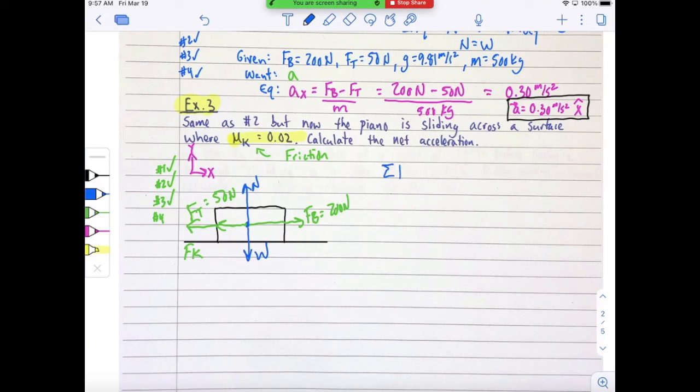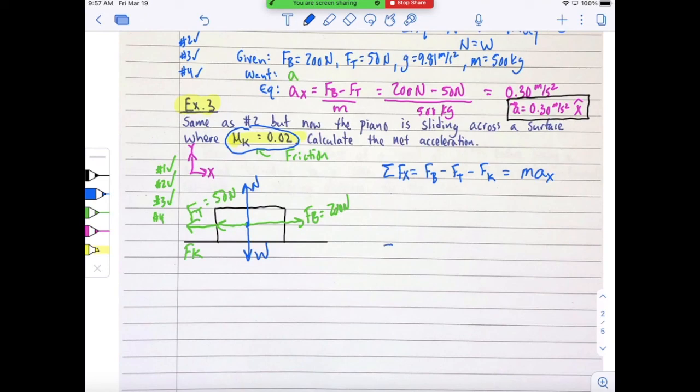So we'll sum our forces in the x. We're going to have the force of Bill to the right, minus the force of Ted, who's fighting against us, minus the force of kinetic friction. And it's kinetic because they told us here it's mu sub k. Remember, if that's mu sub k, that means we're going to have a sliding frictional force. And just like last time, that's equal to max.